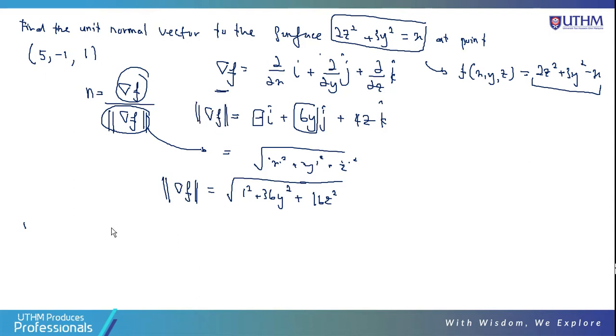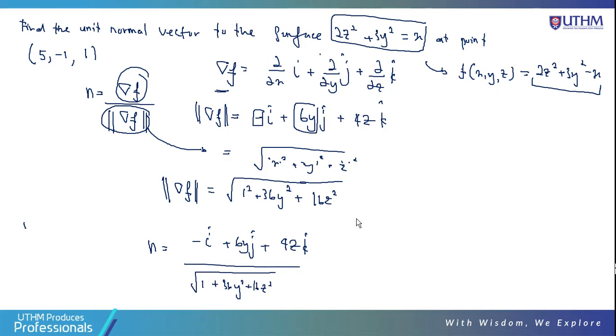Okay, so to get n, we just divide. Negative i plus 6y j plus 4z k, divided by the square root of 1 plus 36y² plus 16z². And then you look at the point. The point is (5, -1, 1). So n at the point (5, -1, 1), you substitute the values: x is 5, y is negative 1 and z is 1.